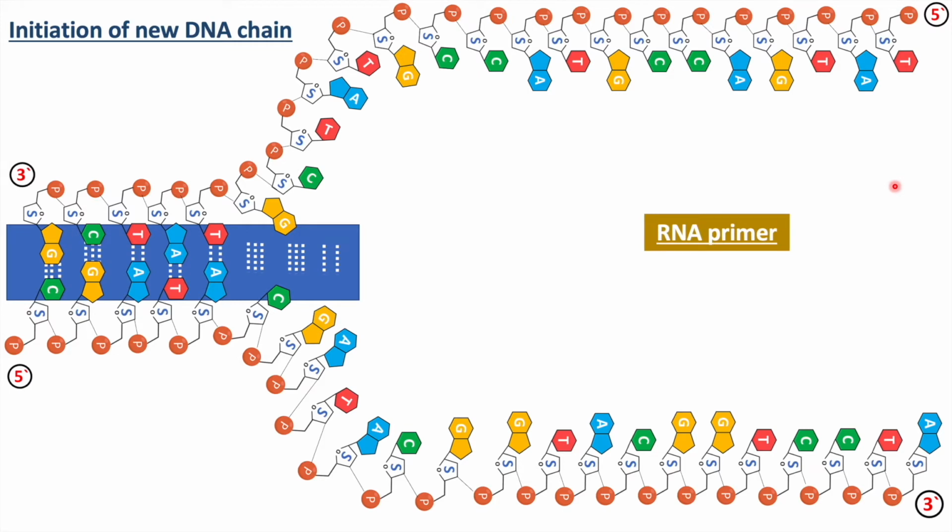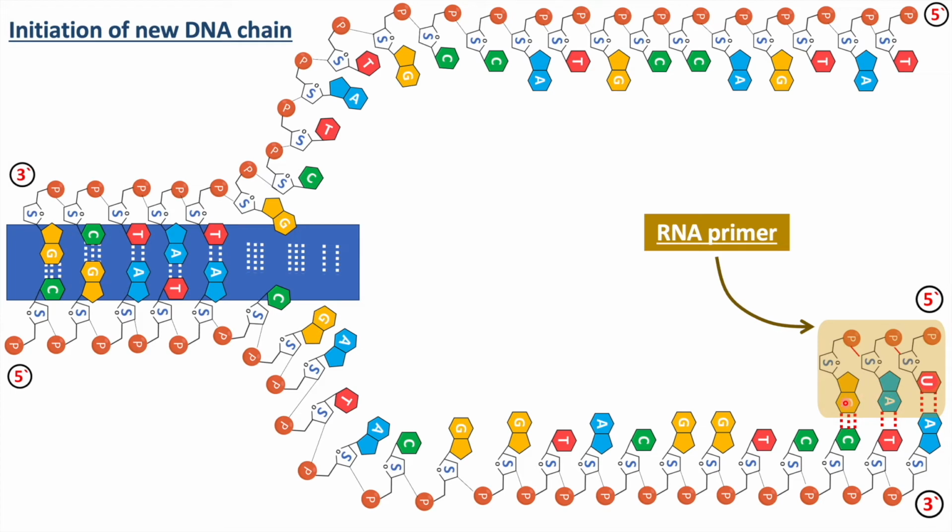It actually brings these ribonucleotides, and these ribonucleotides are complementary to the parental DNA strands. So I just want to highlight here that RNA does not have thymine. Instead of thymine, it has uracil.